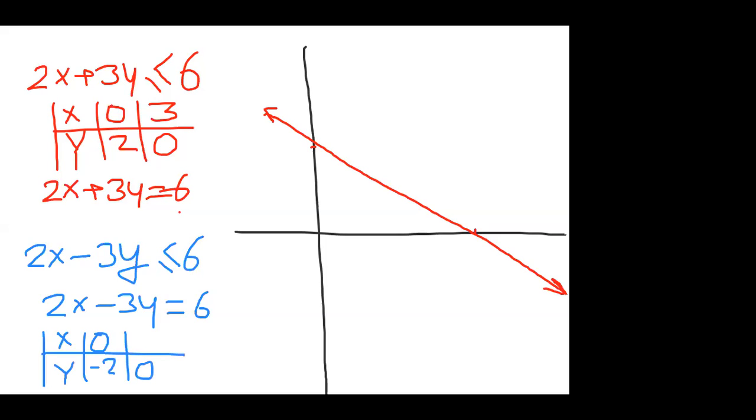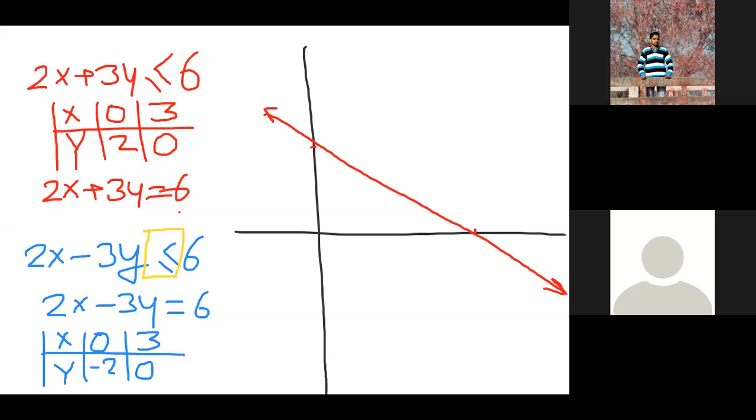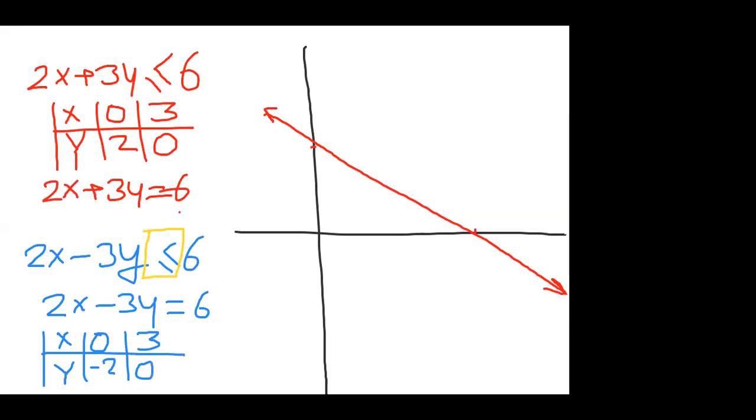When I'm taking y as 0, x will be 3. So now its graph we are making with the blue color. And keep in mind one thing also I am telling you: when it is greater than or equal to or less than or equal to, at that time a continuous line is coming. So we must remember this. When x is 0, y is minus 2. When y is 0, x is 3, the same point. So it is another line.